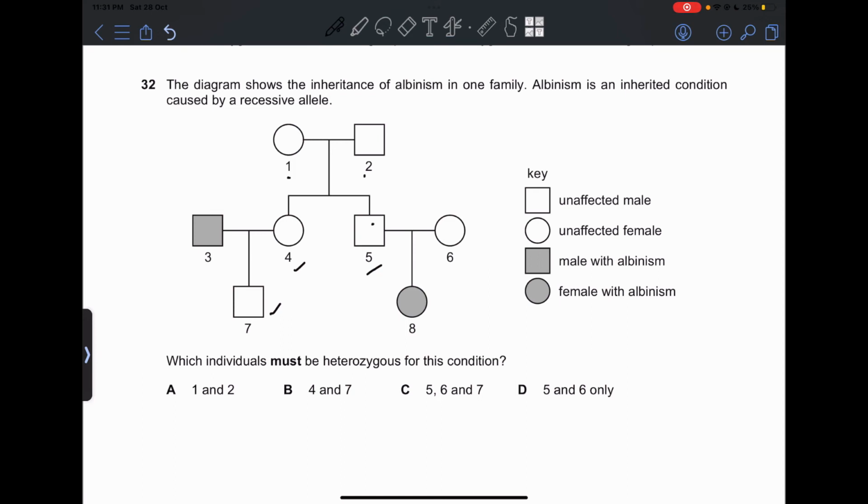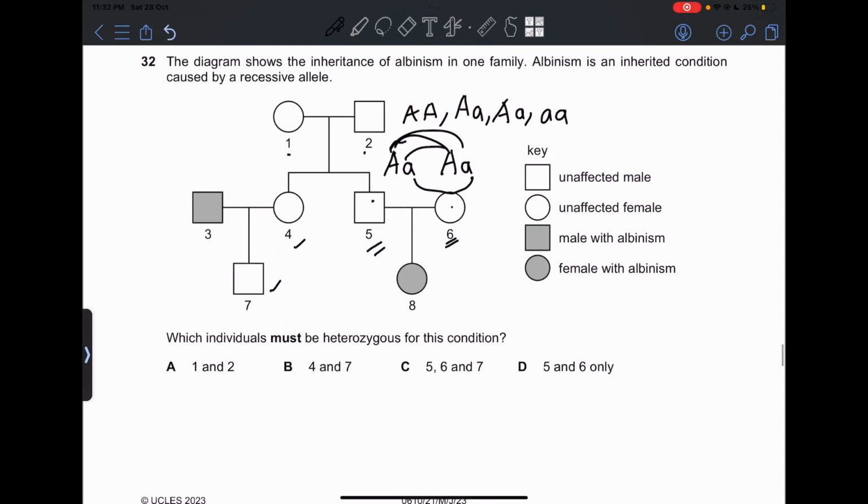So both of them must be heterozygous because, for example, if a small a is the recessive, and we cross AA with another one which is heterozygous, there is a chance that they will get a child with albinism. So they must both be heterozygous so that they will get a person with albinism. If it's homozygous, then they will not get a person with albinism.